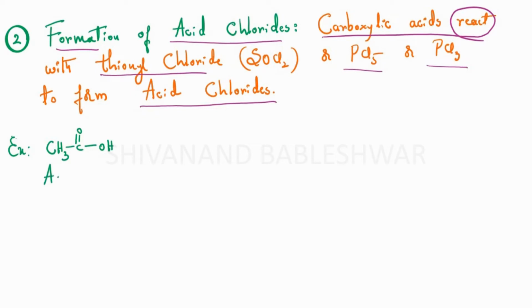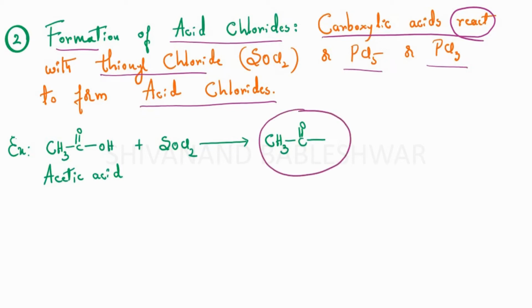So this is acetic acid. When this is treated with thionyl chloride, SOCl2, we get our acid chloride. That acid chloride is CH3 C double bond O. Now students, you have to remember this part is called the acetyl group.